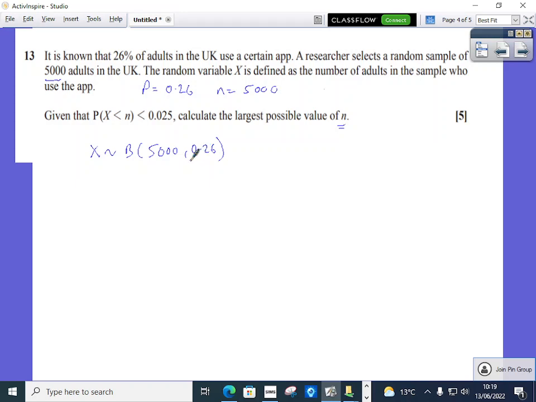Now, you get a mark for stating that because you recognize what kind of distribution it is, and then you can say this will approximate to normal.